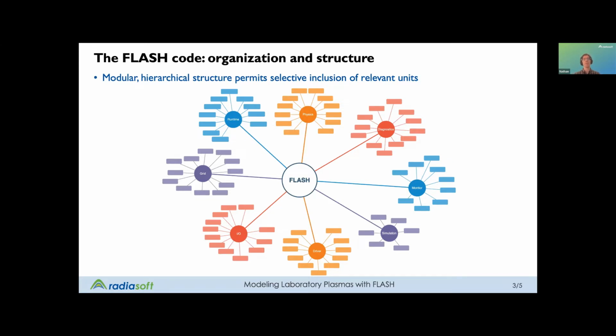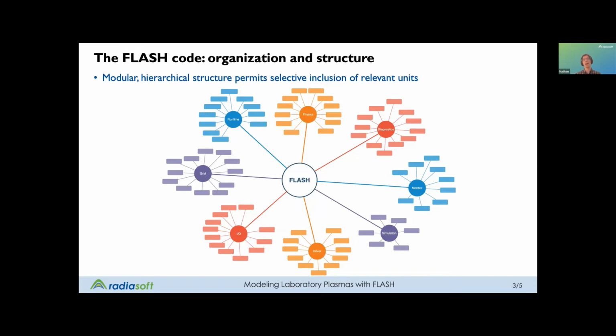And so the aim of the user is to decide which of these capabilities are really necessary and to craft their executable in a way that is tailored to that application and maximizes the efficiency and runtime of that application.